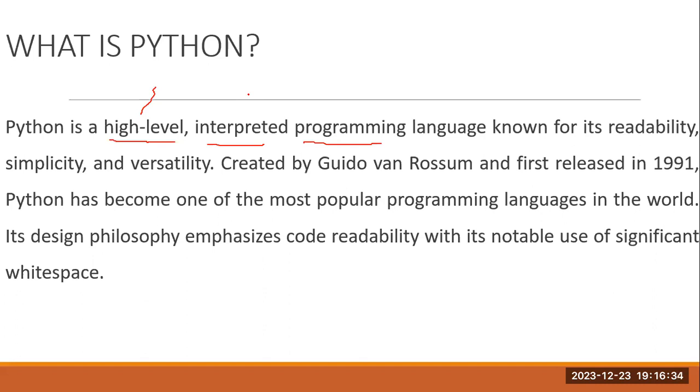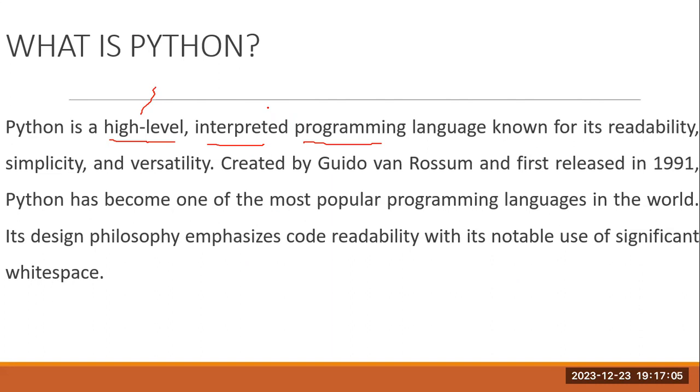It compiles the whole program into low level language. So there are advantages and disadvantages of using an interpreter and a compiler, but to some extent, in some scenarios compilers are used, in some scenarios interpreters are used.